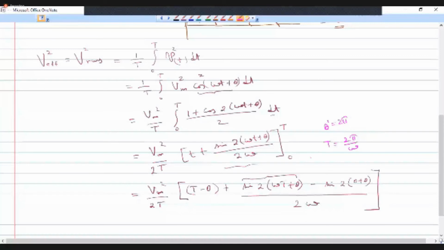I can write this as sine of 2 into 2 pi plus theta, which is nothing but sine of 4 pi plus twice theta, right?